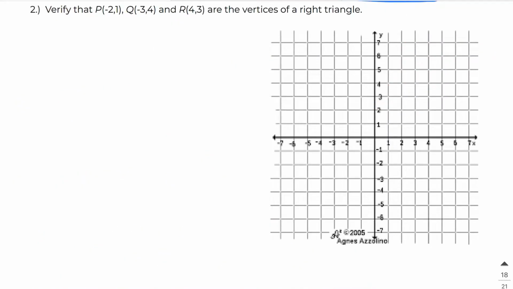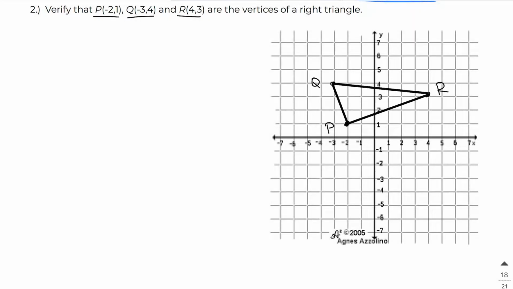All right, our next one says to verify that P, Q, R are the vertices of a right triangle. So I'm going to graph out P, which is at (-2, 1), Q, which is at (-3, 4), and R, which is at (4, 3). I want to show that this is going to be a right triangle.